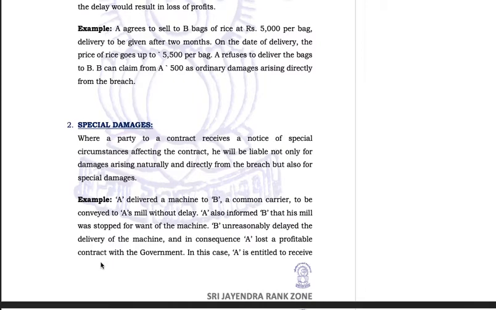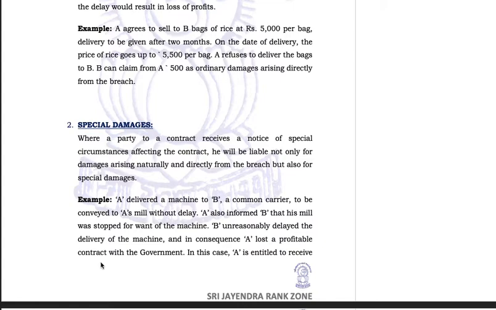Now we go to special damages, where a party to a contract receives a notice of special circumstances affecting the contract. He will be liable not only for the damages arising naturally and directly from the breach, but also for special damages. Now, someone has a notice that some special damages will happen.